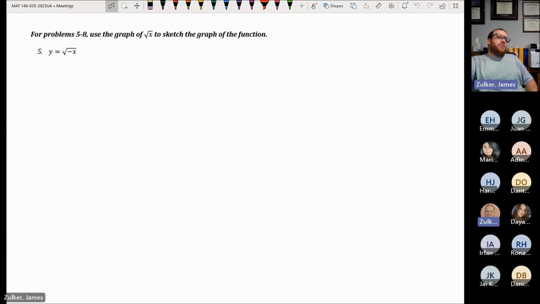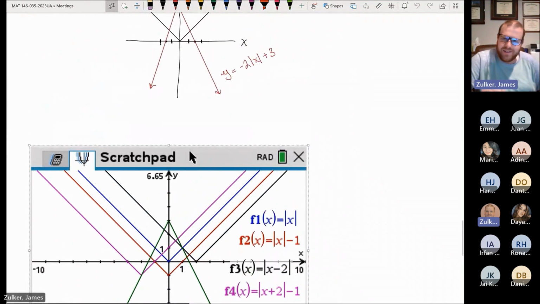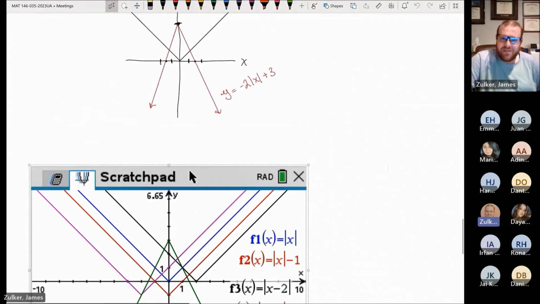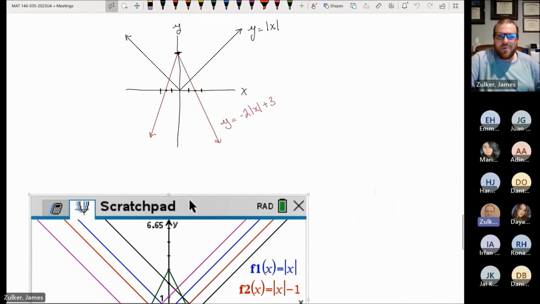So it looks similar to a vertical. Oh wait, vertical, we did vertical. Are you asking about what a horizontal stretch or compression would look like? It's very similar to a vertical, right?